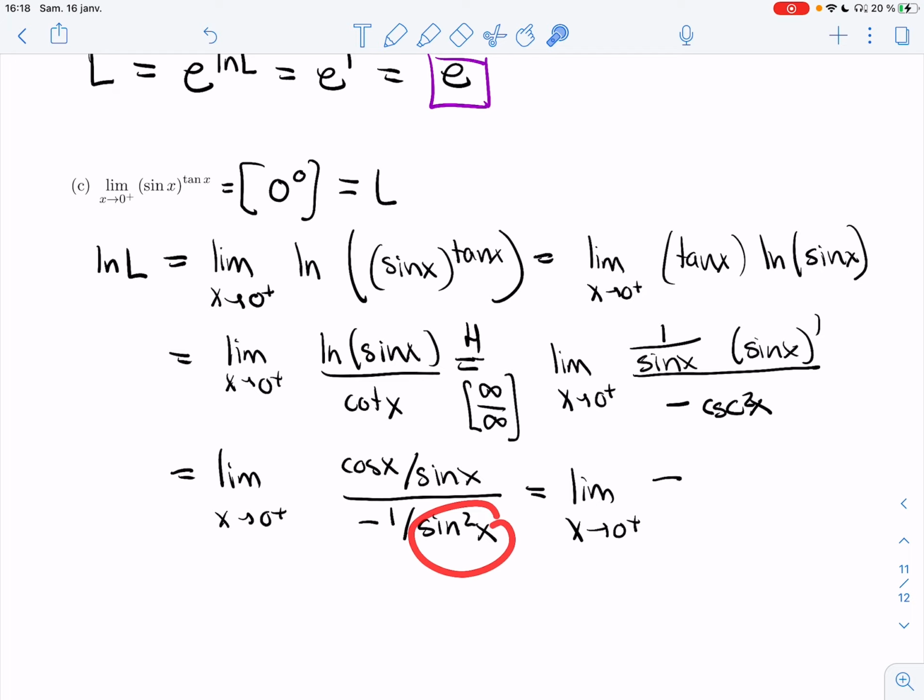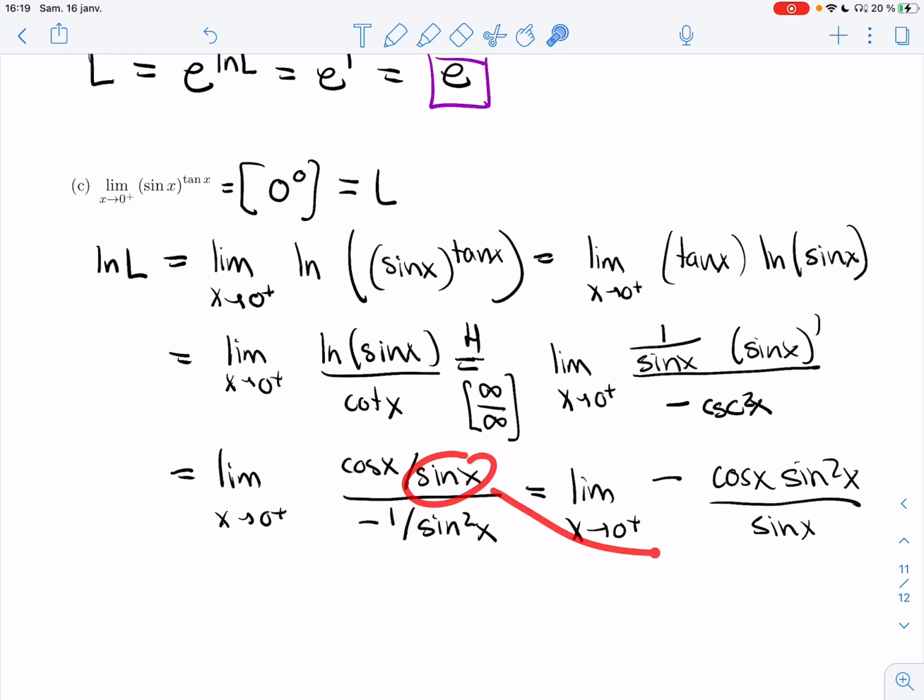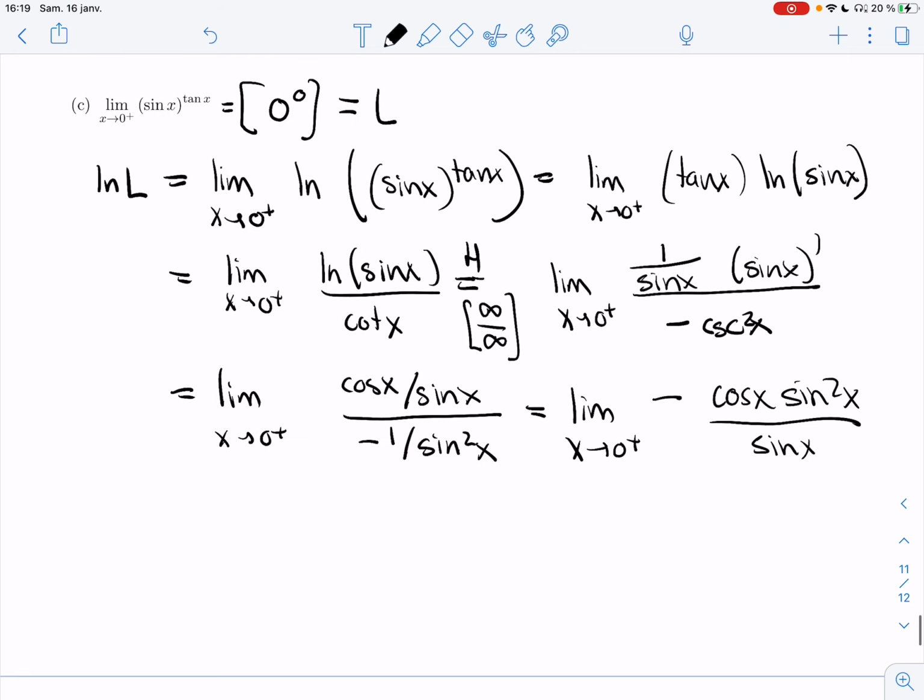Let's bring those sines up, and so I'm going to get minus cos of x sine squared of x, and then I had one sine right here. This one's going to come down. So these flip to the top because I have a 1 over, and the other one flips to the bottom. And so I have the limit as x goes to 0 plus of minus cos of x sine of x. I get minus 1 times 0. I get 0.